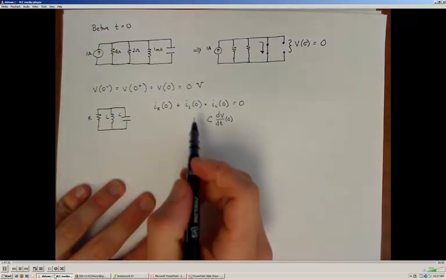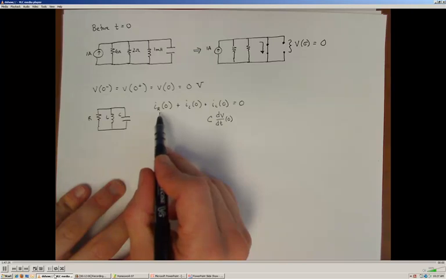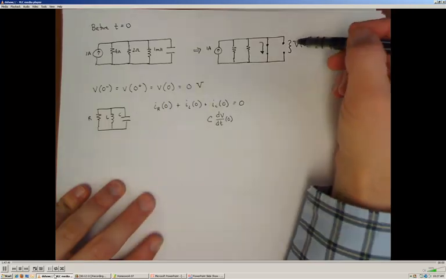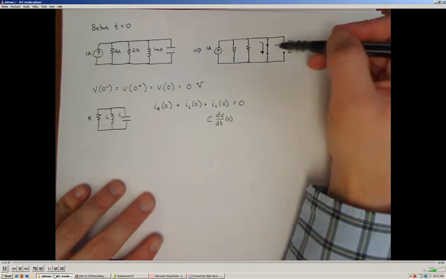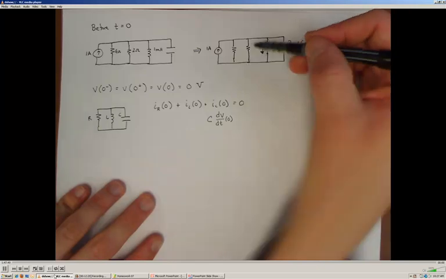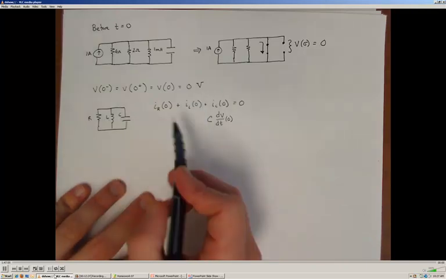We've already determined that just before time equals 0, just before that switch opens, there's no potential across these resistive elements, and we've also determined that there's no potential the instant that the switch opens.